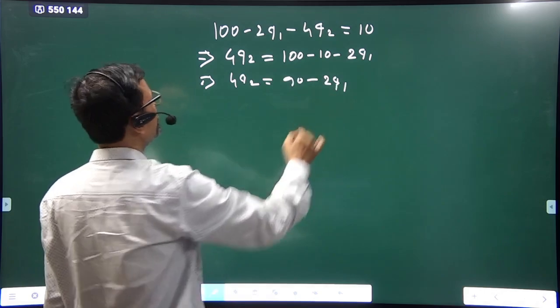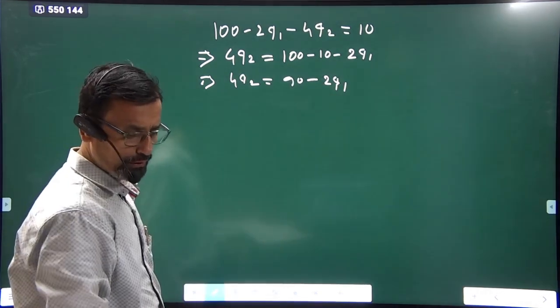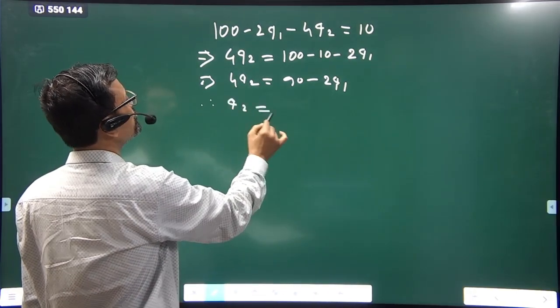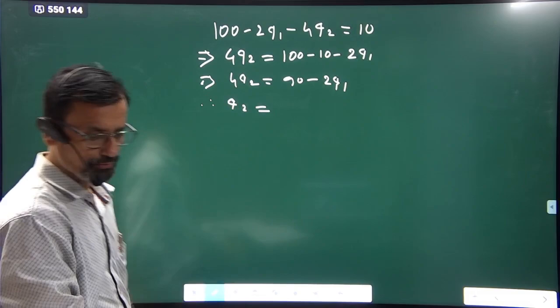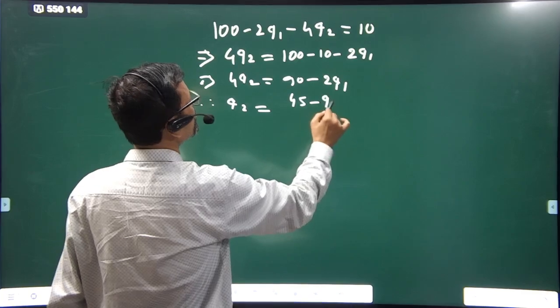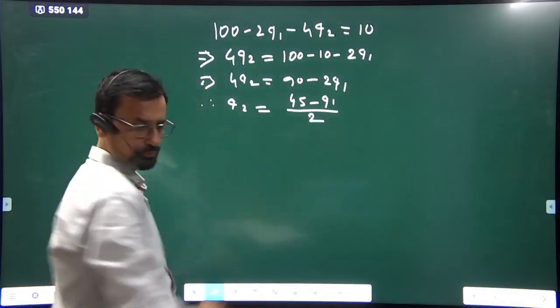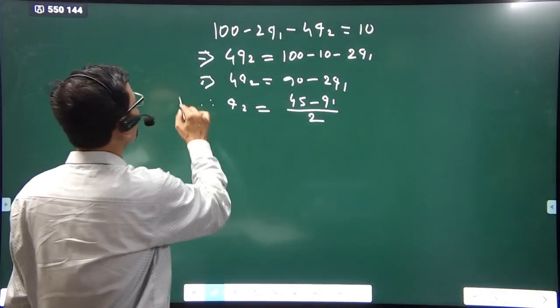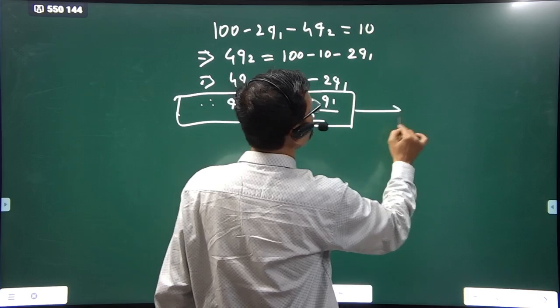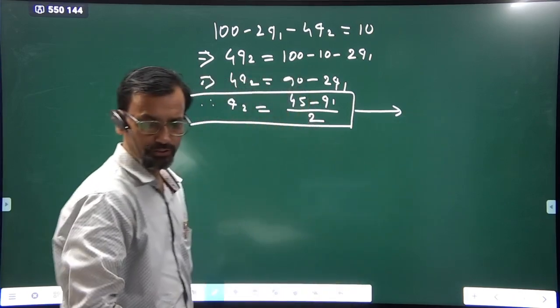Therefore, you get Q2 is equal to 45 minus Q1 divided by 2. This is the reaction function of firm 2.